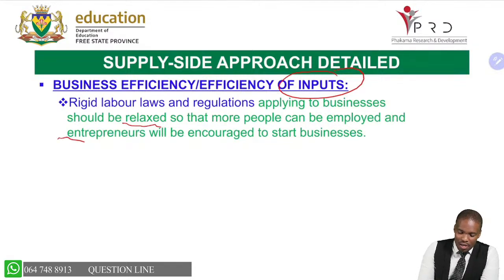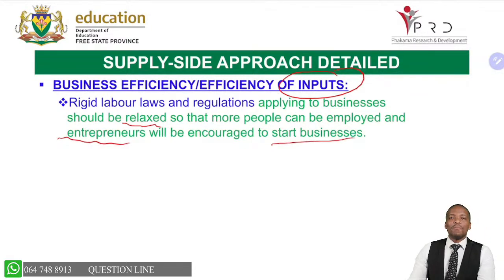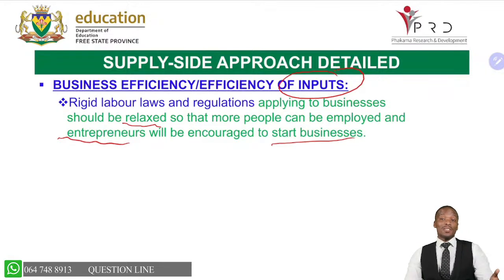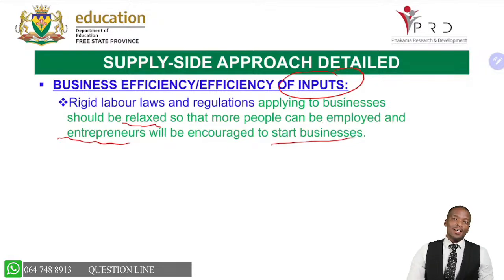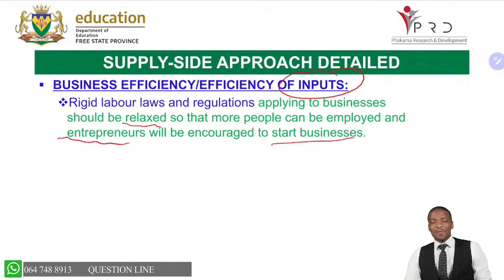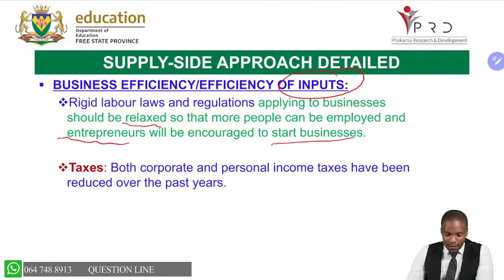In that way, entrepreneurs will be encouraged to start more businesses. And we know that when more businesses start, more people are employed, and there is more availability of goods and services in a country. So all those things should be applicable.